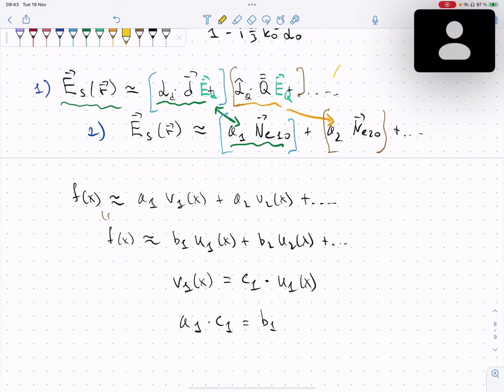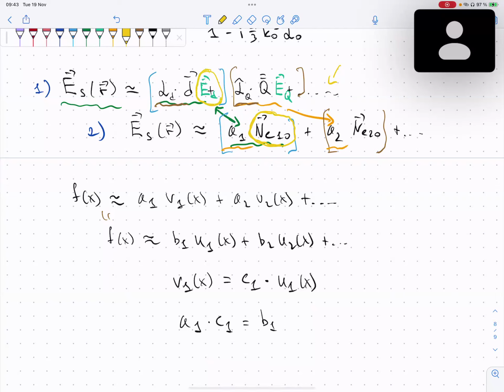And in this expansion with multipoles, we have different coefficients like dipolar polarizability, quadrupolar polarizability. We have these polarizabilities. In the expansion with vector spherical harmonics, we have these Mie coefficients. But in the end, we can express, for example, electric field using this electric dipolar vector spherical harmonic.